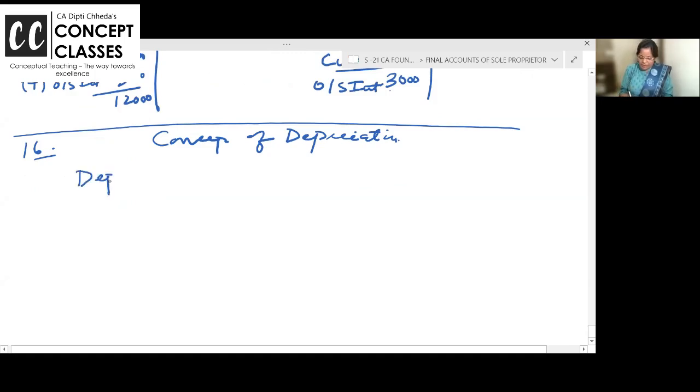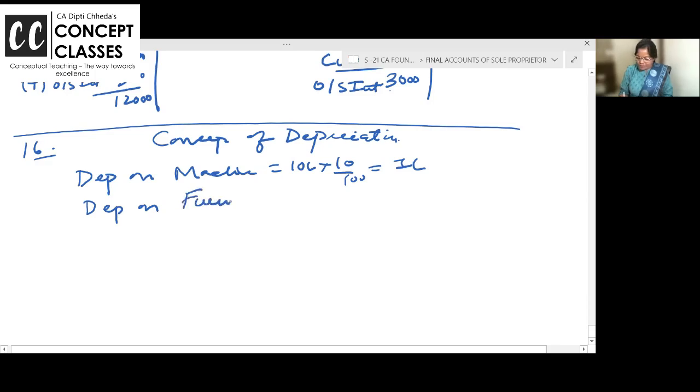So what is the depreciation on machine? 10 lakhs at the rate of 10%, 1 lakh. And what is the depreciation on furniture? 2 lakhs at 5%, 10,000.